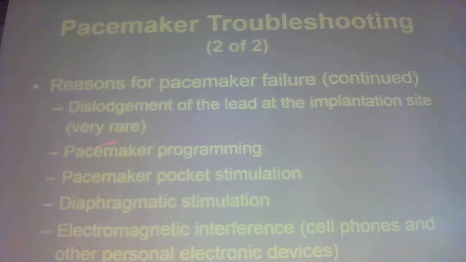Dislodgement of the lead. Pacemaker programming problem. Pacemaker pocket stimulation. So something's causing it to do what it's not supposed to do. What's this? Diaphragmatic stimulation. It's making your diaphragm move instead of your heart muscle.